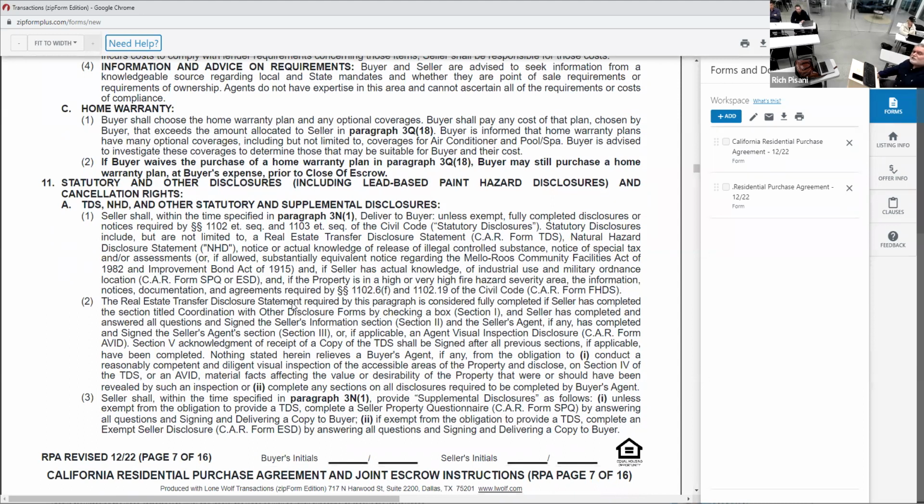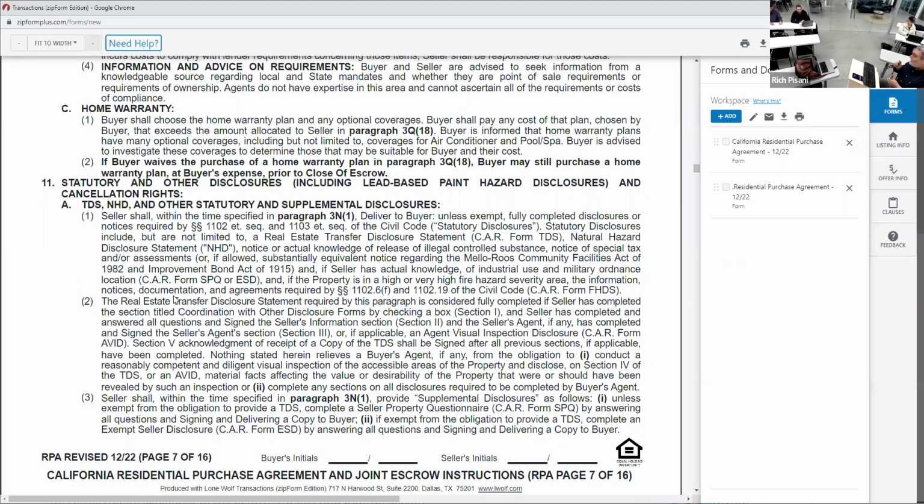It talks about statutory requirements: the TDS, the transfer disclosure statement, the NHD statement, the natural hazard disclosure statement, lead-based paint if it's before 78, and the appraisal fairness, which is attached to this, is a statutory requirement.